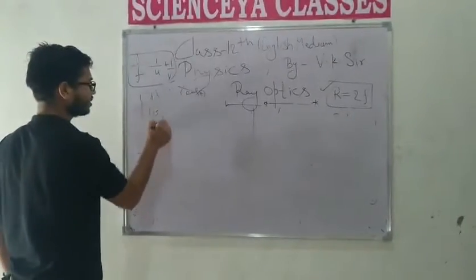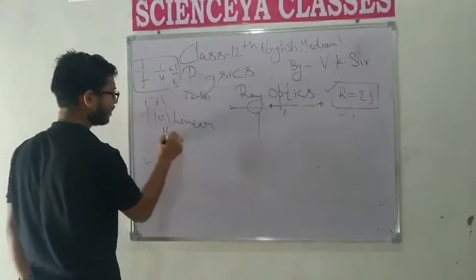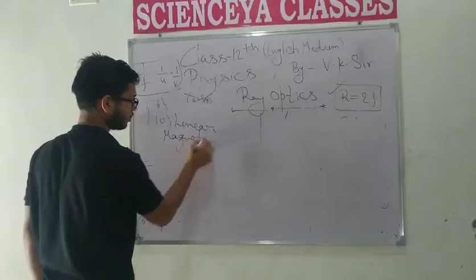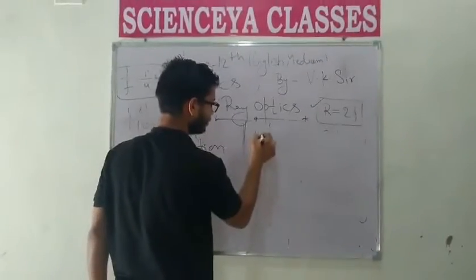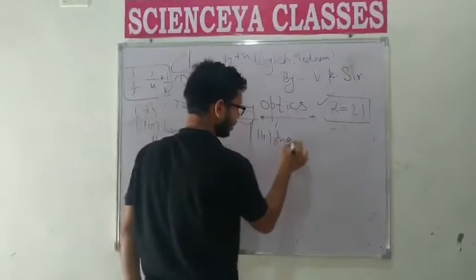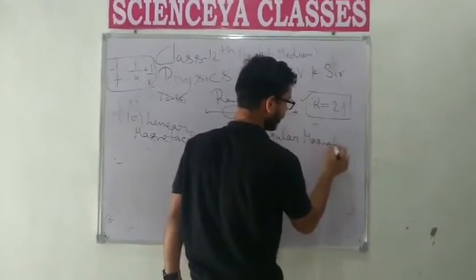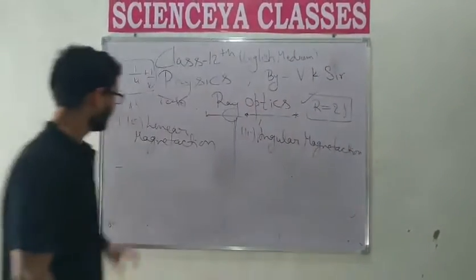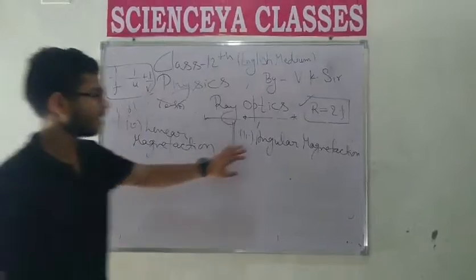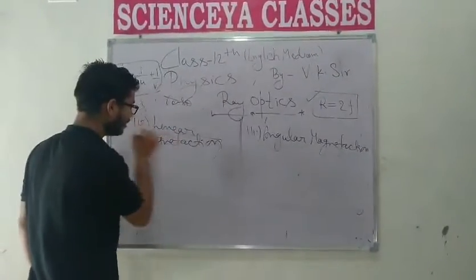So the 10th definition is linear magnification, and the 11th definition is angular magnification.